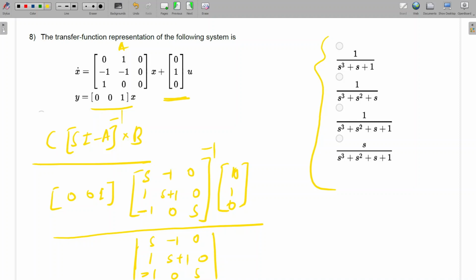Is it clear up to now? So how can we find the determinant and inverse of a 3 cross 3 matrix? Anyone knows the method? What is the method for finding the determinant or inverse of the 3 cross 3 matrix? This one.